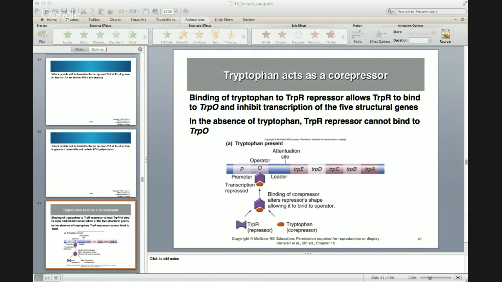So let's see what happens when tryptophan is present and when tryptophan is absent. When tryptophan is present, there is no need for the structural genes to be expressed. But this is what happens. We have our leader sequence that was transcribed, and you can see the 4 regions, 3 and 4.